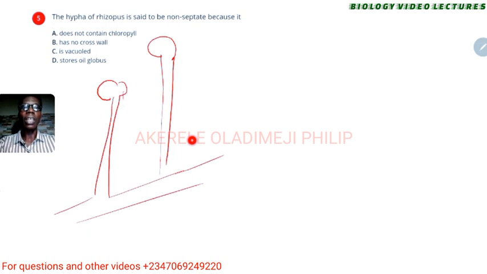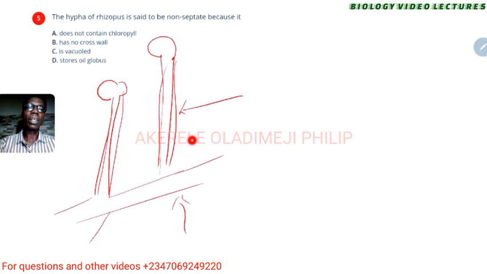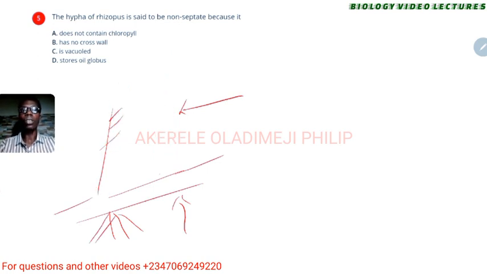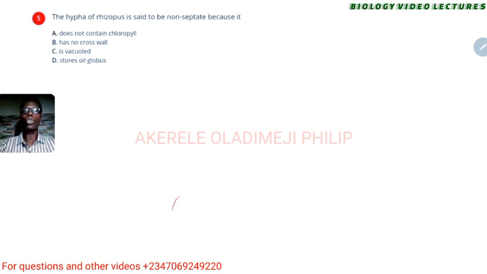Now, these things I have drawn, with the arrow on them, are called hypha, plural hyphae. So when we say septate, it means, does it have partitioning or does it not have partitioning? If it has partitioning, it's called septate. If it doesn't have, it's non-septate. And really, Rhizopus doesn't have partitioning at all. That's why. So with what I just said, I think you should know what the answer is.